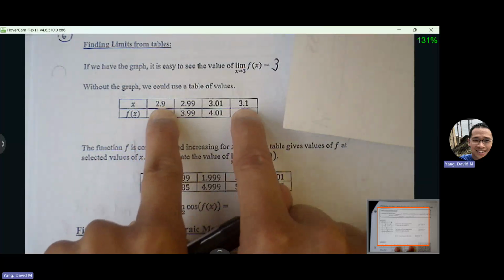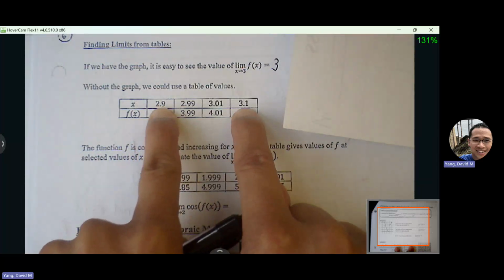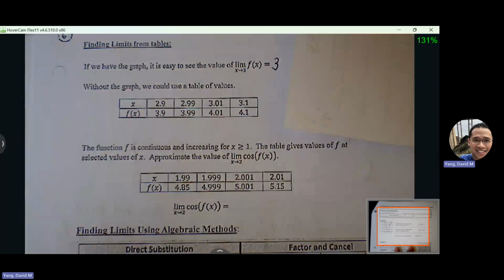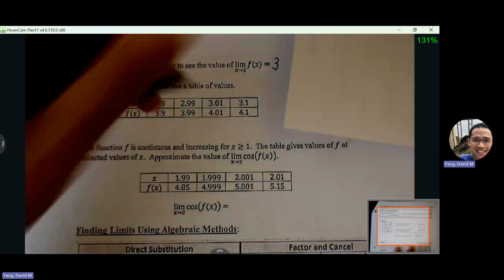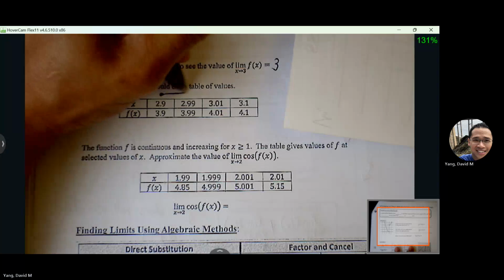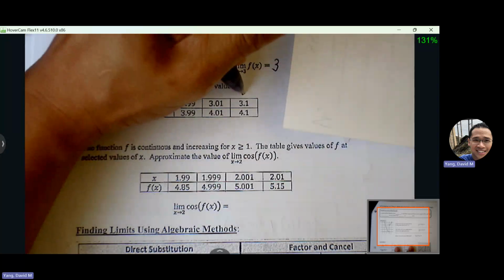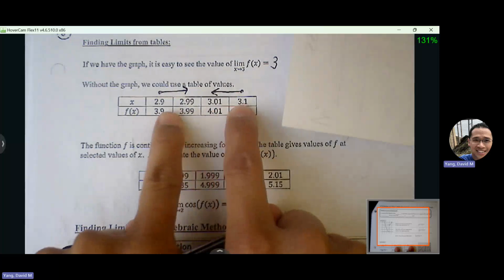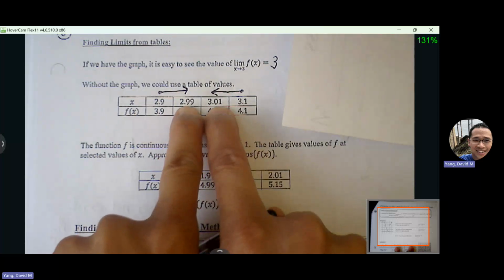So 2.9 and 3.1 is kind of acting as the starting point of what we did with our arrows. And then we're just following the arrow towards 3, right? From 2.9, we're drawing it towards 3, and from 3.1, we're drawing towards 3 as well. So both sides are headed towards 3.